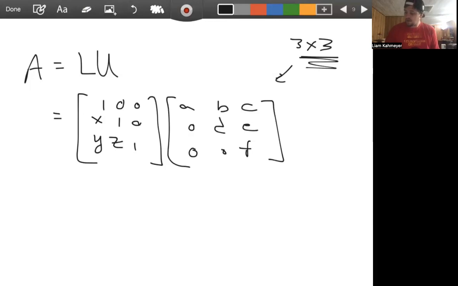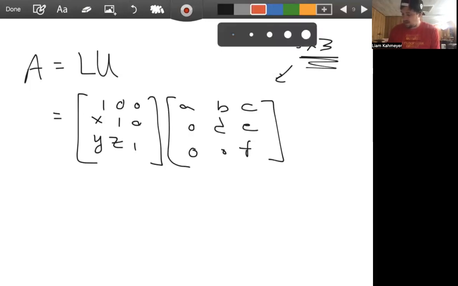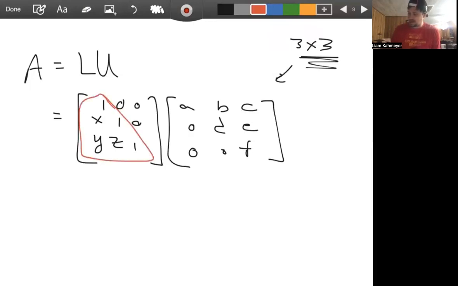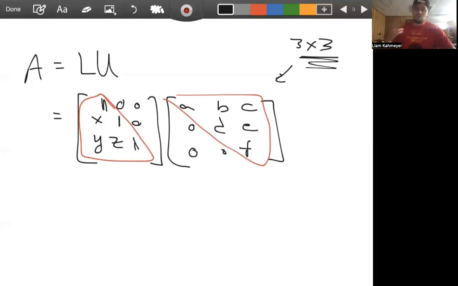And by lower triangular, that means all of the entries are in the lower triangle of your matrix. And for an upper triangular, all your non-zero entries are in the upper triangle of your matrix. For a lower triangular matrix, we require that we have ones along the diagonal. And so we're going to remind ourselves, how do we solve a system via an LU decomposition of a matrix?